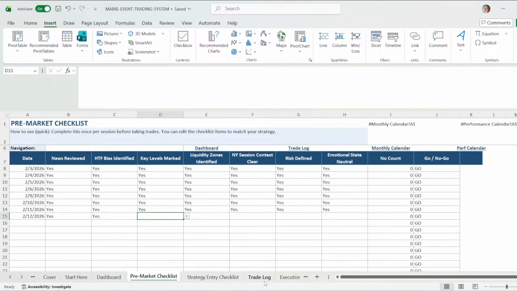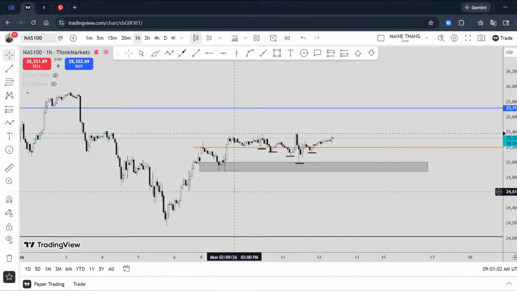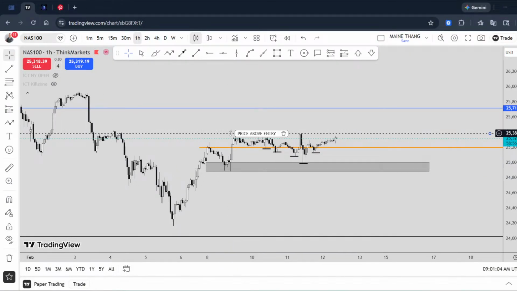Key levels marked up. Yes, we already have those marked up as well. Again, this is our indication. Price has made a correction. Now we're looking for continuation.